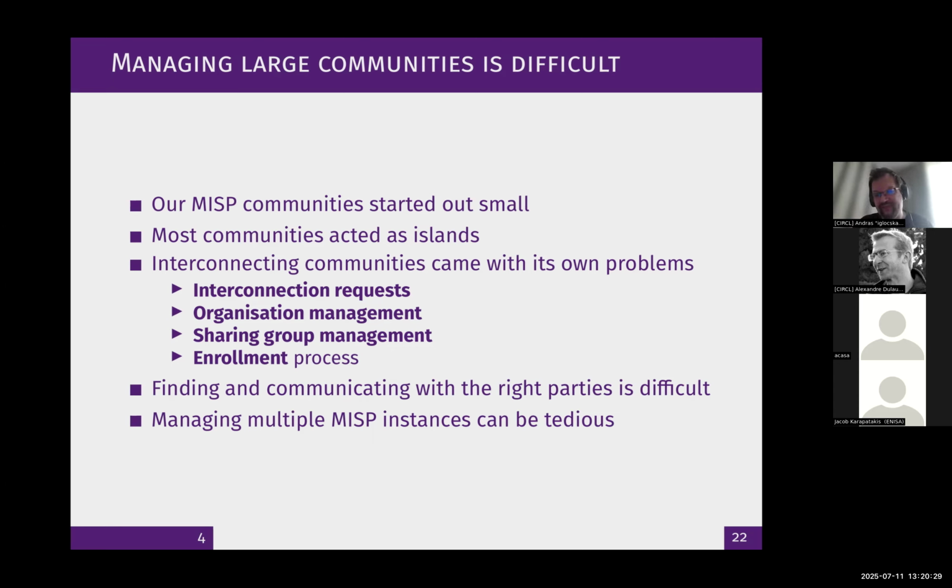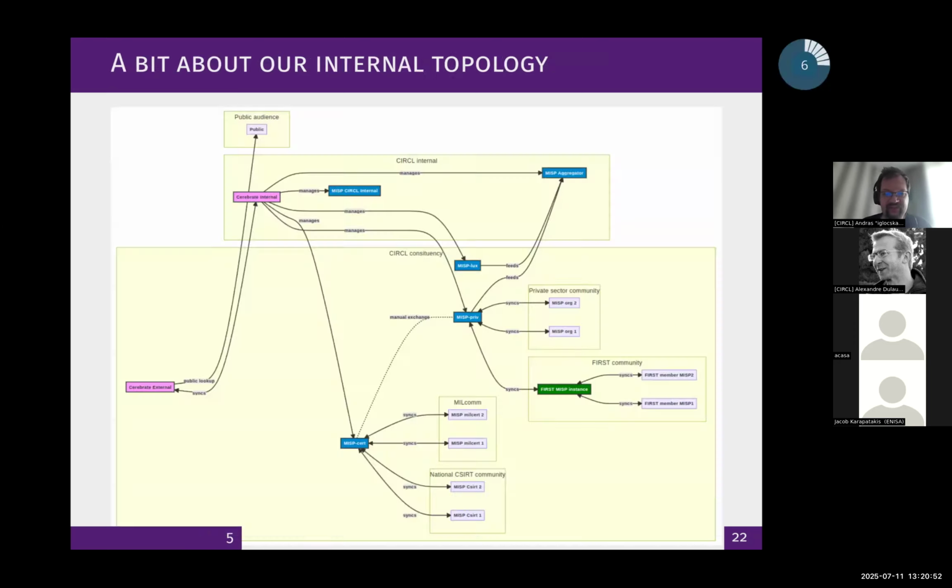This type of information sharing about your own organization is absolutely critical when you want to ease communication and interconnection between organizations. And again, this is where Fleet Commander comes in more handy, but managing multiple MISP instances can be an utter pain, so we wanted to make that a bit easier.